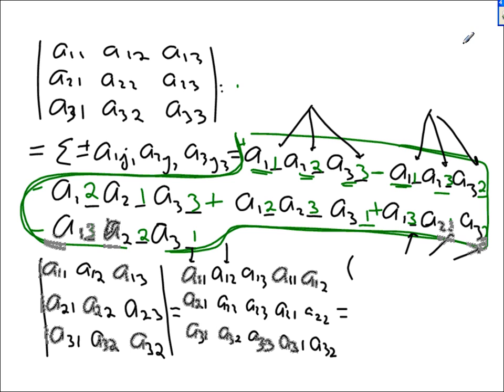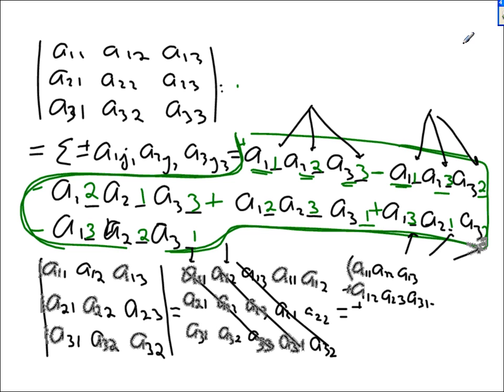If you multiply those three entries, A11, A22, A33, plus, and then you multiply the next three entries, A12, A23, A31, plus. Now you multiply those three, A13, A21, A32, close the bracket, and then you take away the next product.